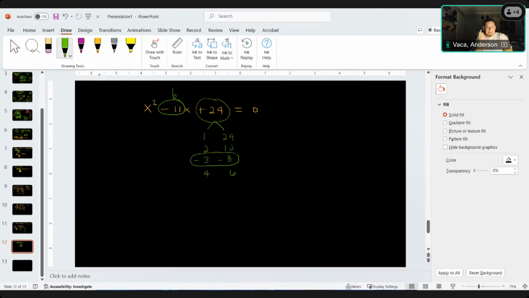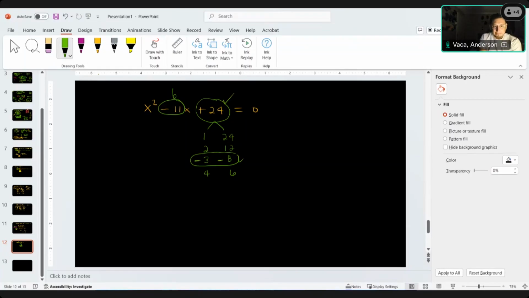But let's triple check. If we multiply -3 with -8, what number do we get? Positive 24. So I'm triple checking that not only am I getting the right numbers that combine to -11, but I come back and make sure that they multiply to 24.